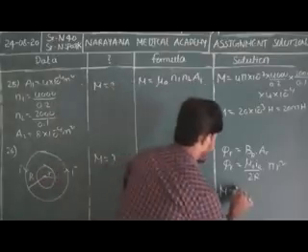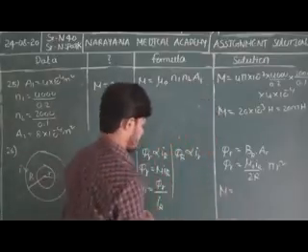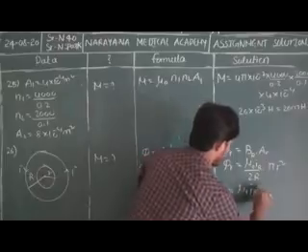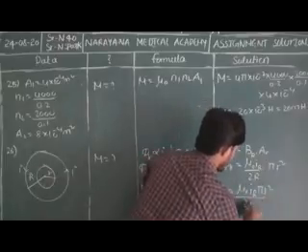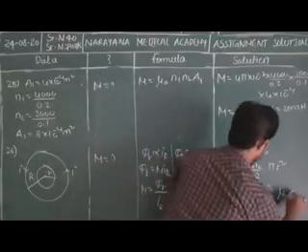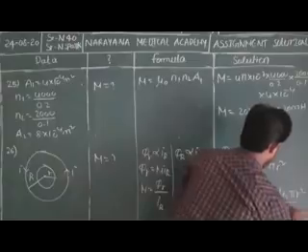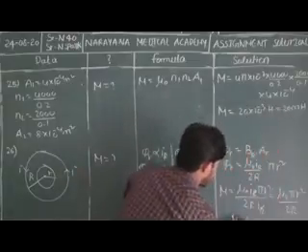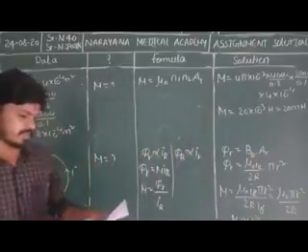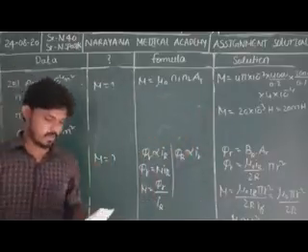That current is I. Clear? So I will use this formula. Current flowing in bigger coil. Phi r is equal to I R. If you remove the proportionality, phi r is equal to M into I R. What do you want? I want M. M is equal to, I can write phi r by I R, current flowing through bigger coil. If you know the value of phi r, you can calculate the M value.